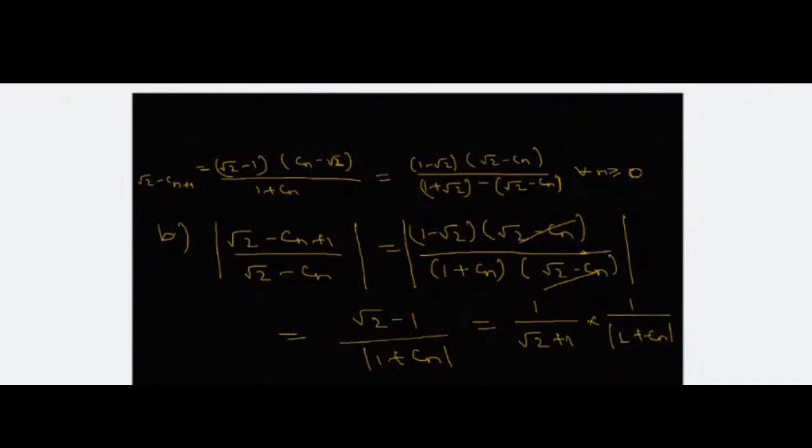We will show that 1 by 1 plus c_n is less than 1 for all n equal to 0, 1, 2, and so on. We show this by induction.